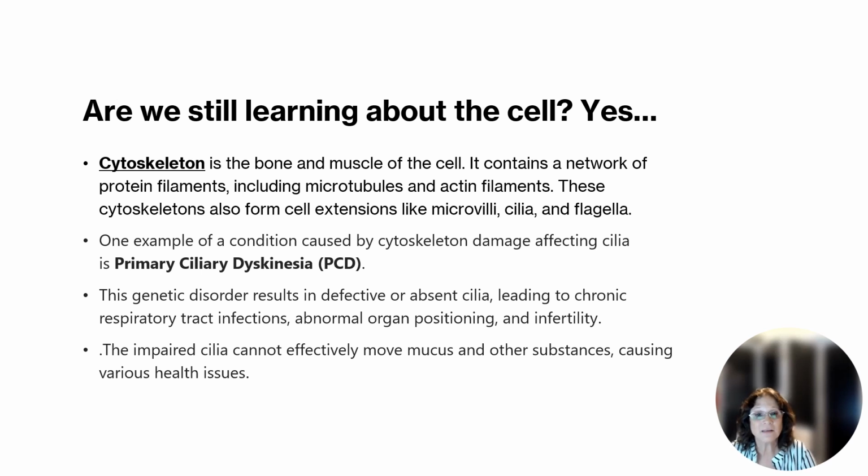This is a genetic disorder that gets inherited, and the inherited problem is a defect or absent cilia in the respiratory tract, and it causes chronic respiratory tract infections. It can even be bad enough that we end up with some abnormal organ positioning, and that may also be another byproduct of the genetic inheritance, and it causes infertility as well.